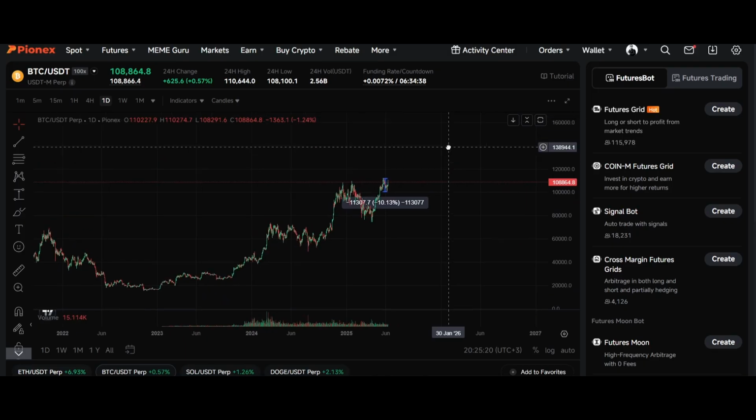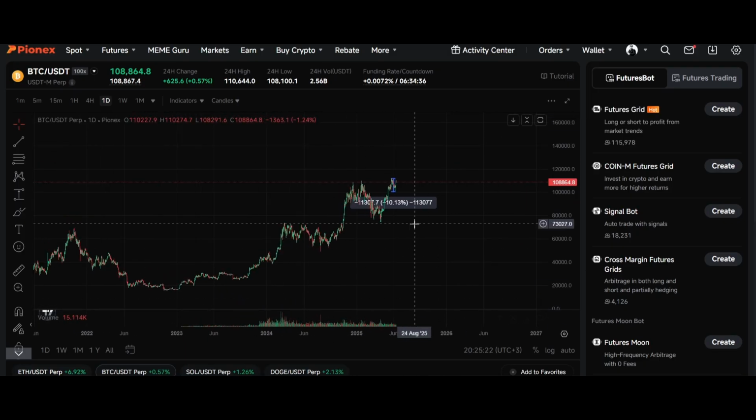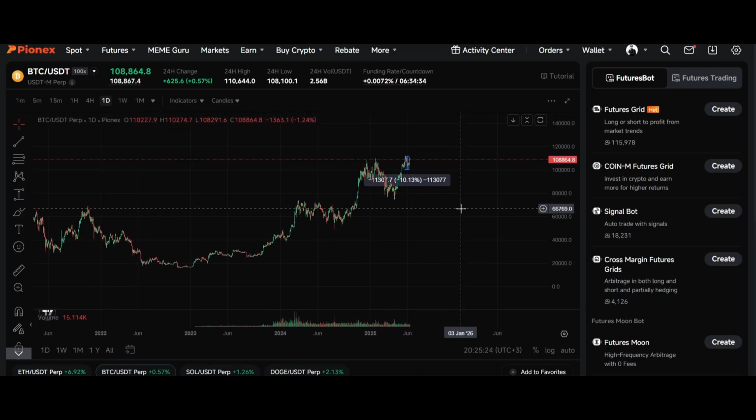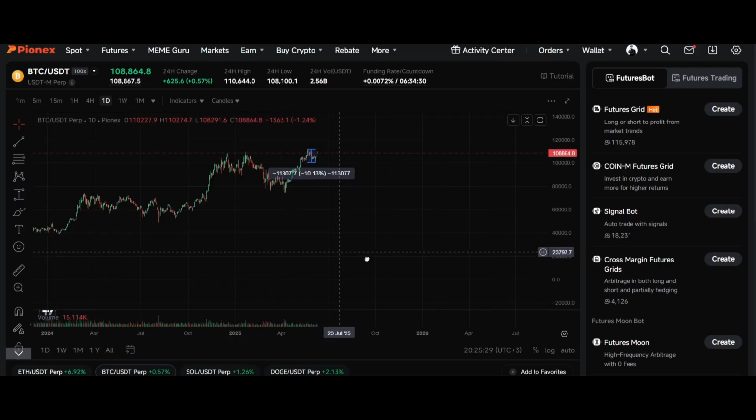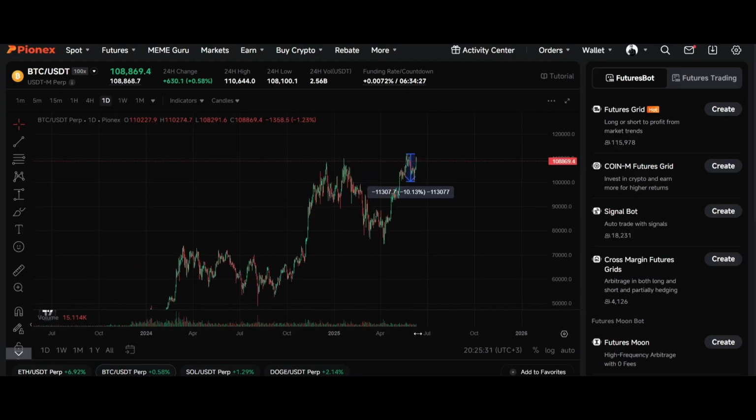But we will see if the 4 years arc continue or it will become less and less relevant to our Bitcoin price chart.